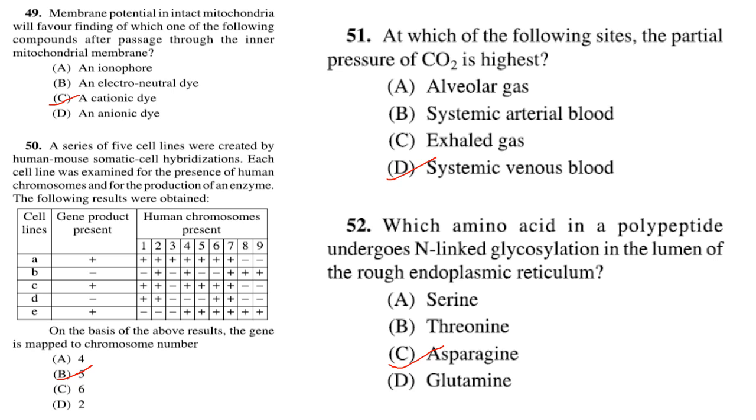Each cell line was examined for the presence of human chromosome and for the production of an enzyme. The following results are obtained. On the basis of the above result, the gene is mapped to chromosome number. So they have given the gene product here and the chromosome also. You have to match which chromosome is coding for this particular gene product.